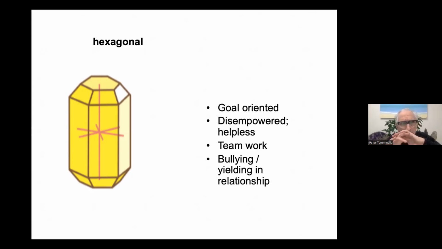And an interesting dimension of hexagonal that I discovered from seeing a series of emerald cases, which is hexagonal, is about conflict in relationship. So it's all about the yin and the yang, about oppositional or complementary or polarized relationships.